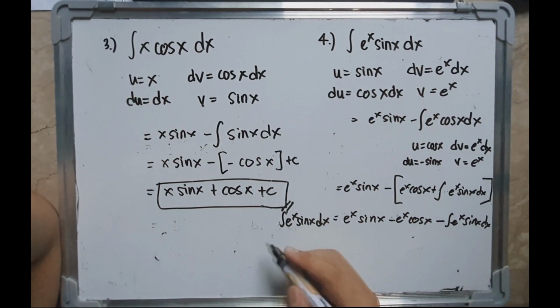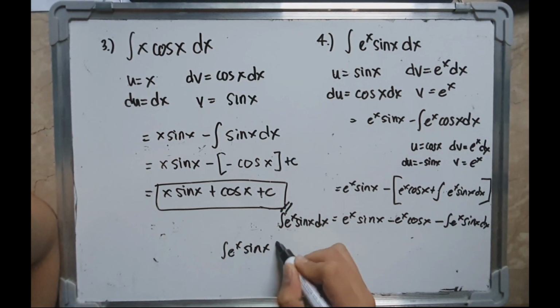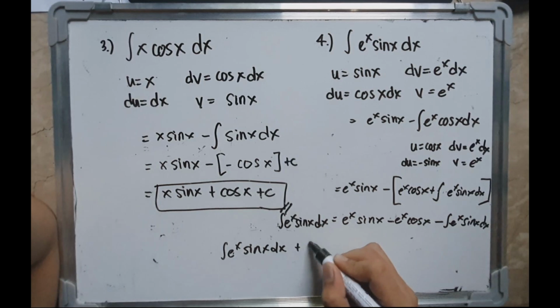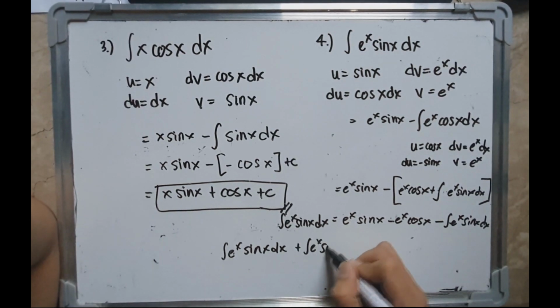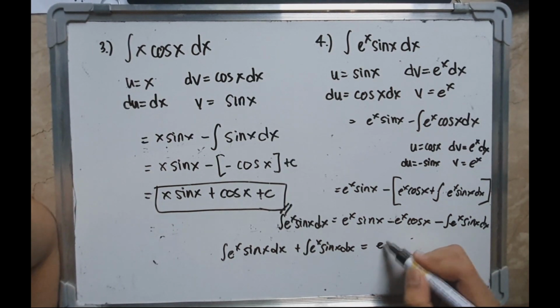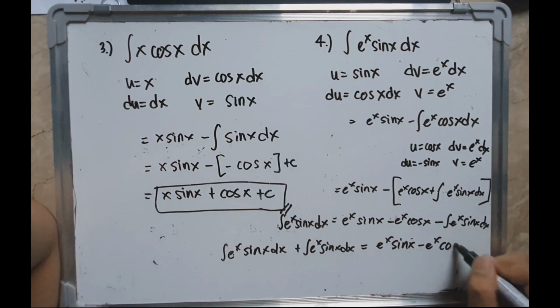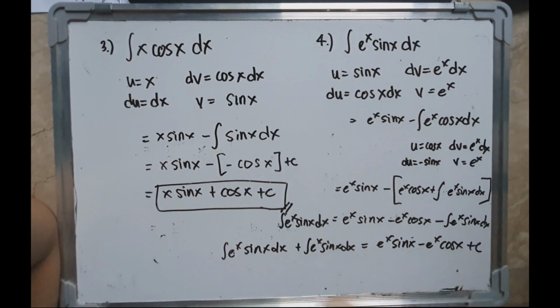We now have integral of e to the x sine x dx plus integral of e to the x sine x dx, equivalent to e to the x sine x minus e to the x cosine x plus c.